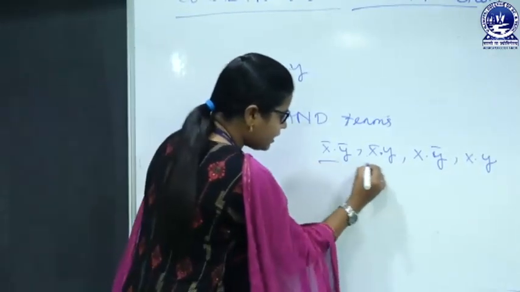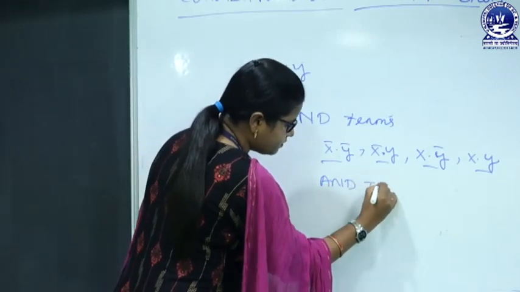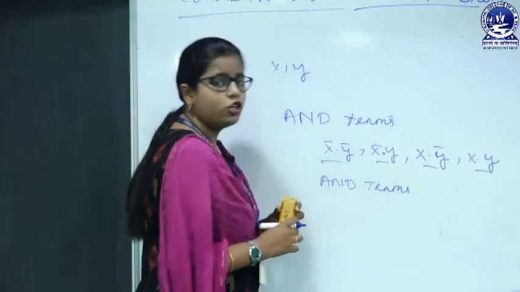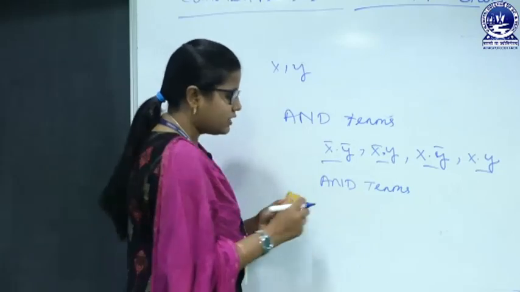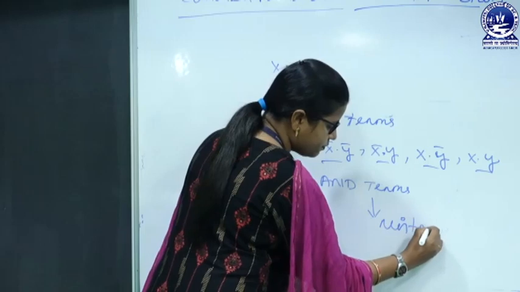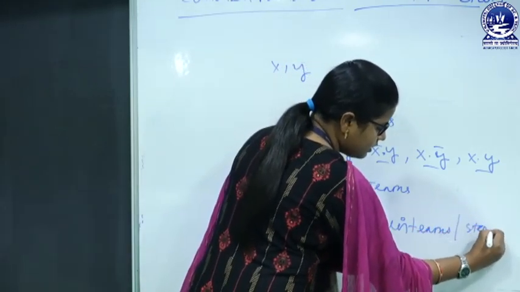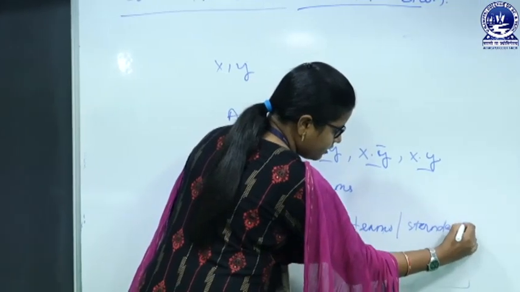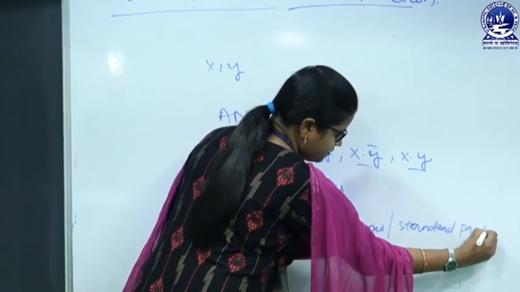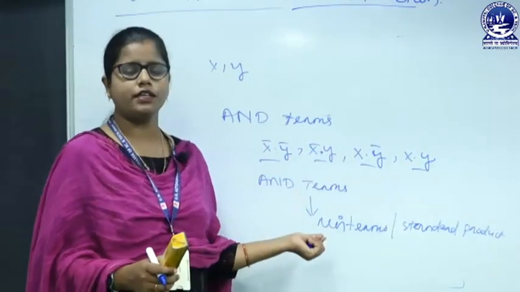These are the AND terms. These AND terms are called the min terms or standard product. This is what is called the min terms.